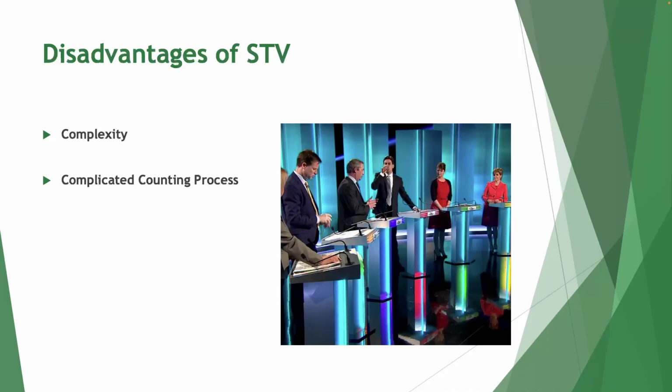An example of complicated counting processes and elections taking a long time, giving space to election denialism, can be seen with the 2020 election of President Biden, ousting, should I say, the incumbent Donald Trump, because of the complexities surrounding the COVID pandemic and the electoral counting of mail-in ballots.